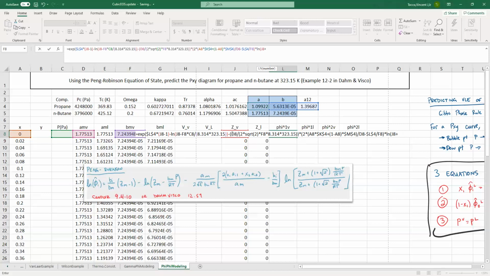Plus, I'm going to want more parentheses here. Parentheses, Zm plus 1 plus SQRT2 times Bm, oh wow, times F8, BM of the vapor, times P divided by RT.